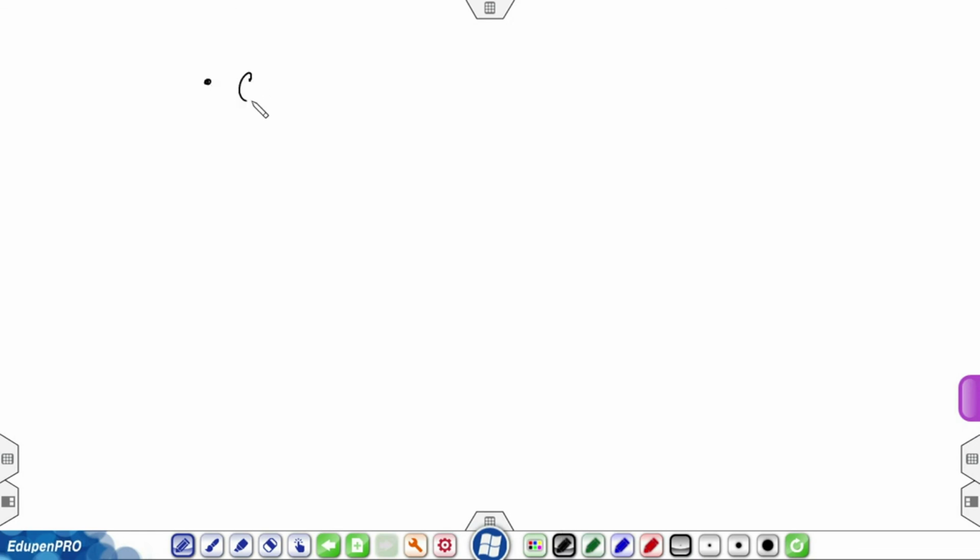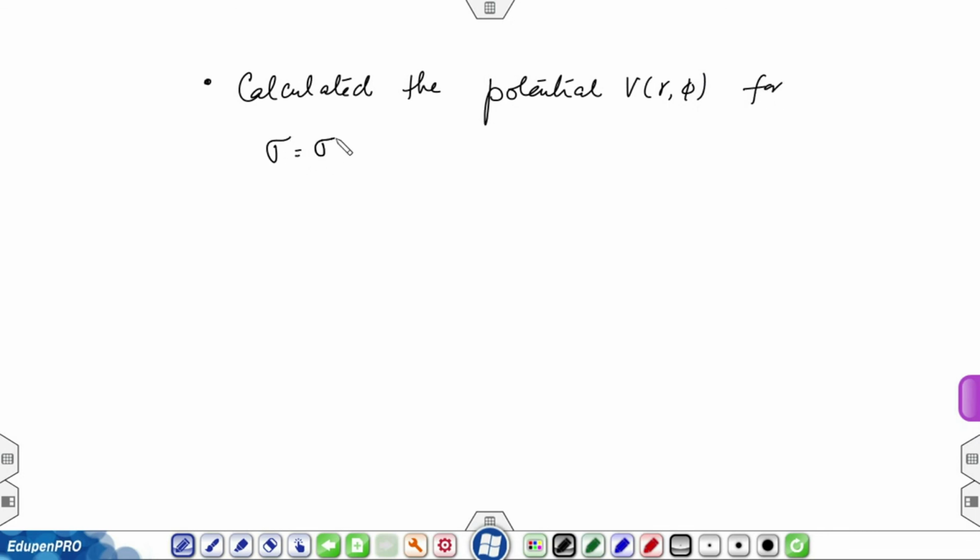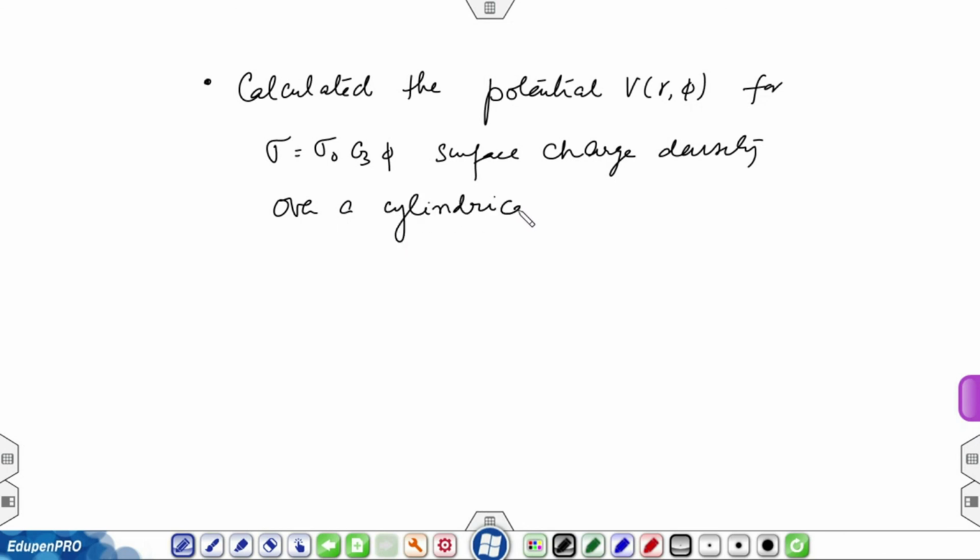We calculated the potential V of r, phi for sigma equals sigma naught cosine phi surface charge density over a cylindrical shell of radius r.